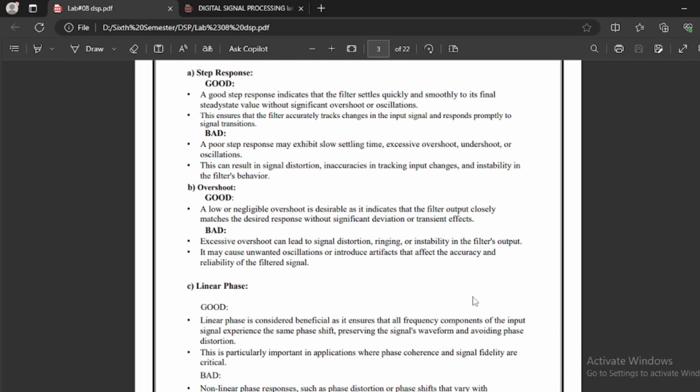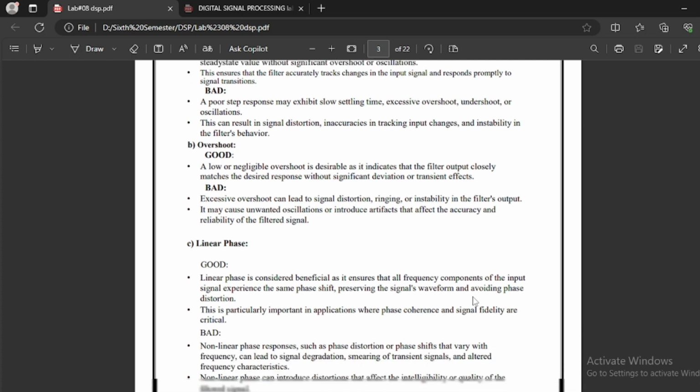Overshoot. Good, a low or negligible overshoot is desirable as it indicates that the filter output closely matches the desired response without significant deviations or transient effects. Bad, excessive overshoot can lead to signal distortions, ringing or instability in the filter's output. Linear phase.